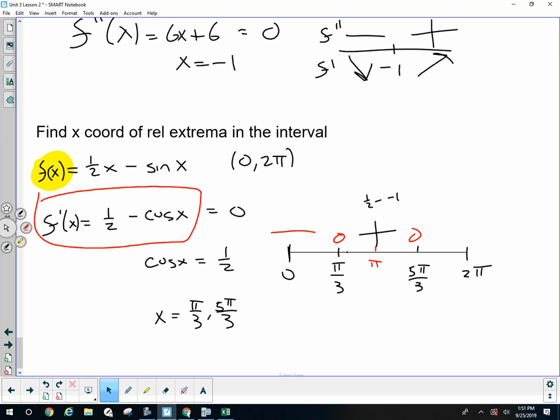Again, after 5 pi over 3, if you wanted to use 11 pi over 6, you could have, but it's probably easier to use 2 pi. Cosine of 2 pi is 1, 1/2 minus 1, negative. I find that x equals pi over 3 is a min. X equals 5 pi over 3 is a max.